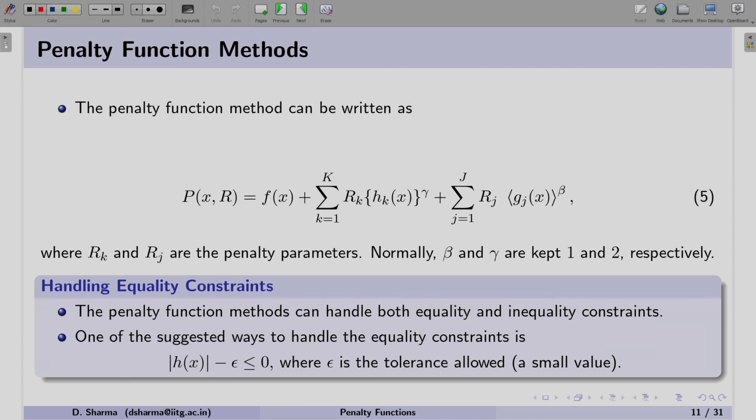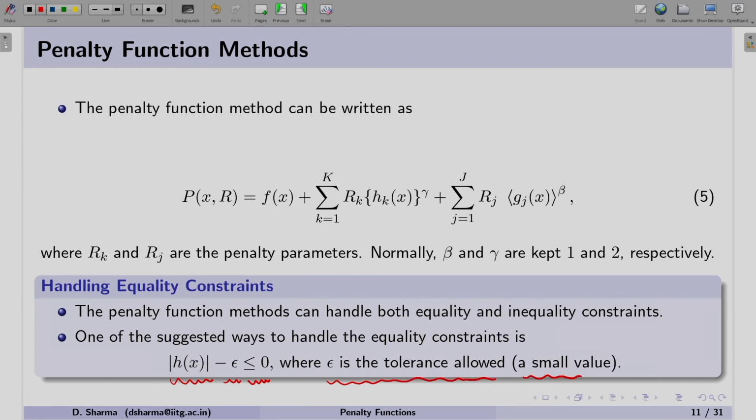However, in order to handle the equality constraint more efficiently, we can have a representation such as mod of h(x) minus epsilon should be smaller than or equal to 0, where this epsilon is the tolerance allowed.